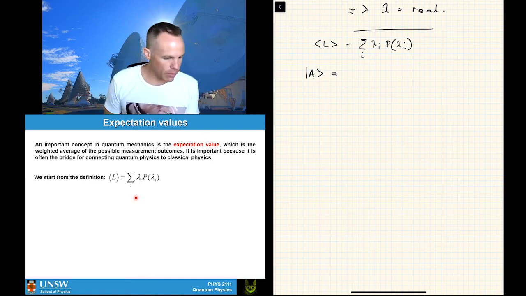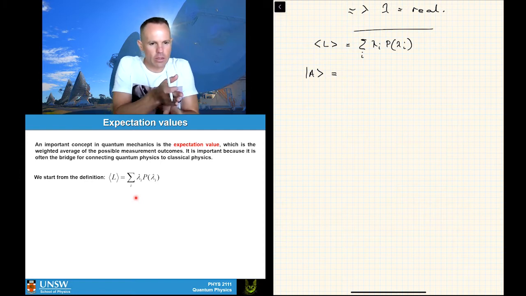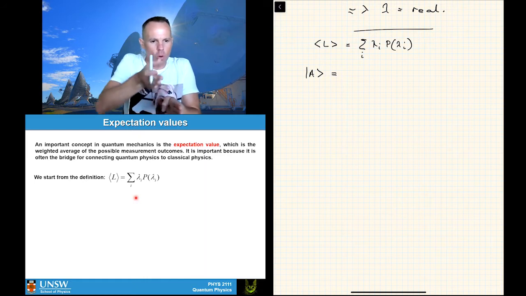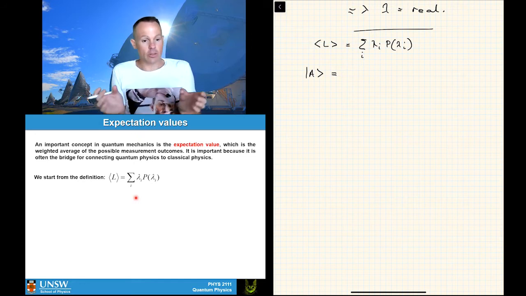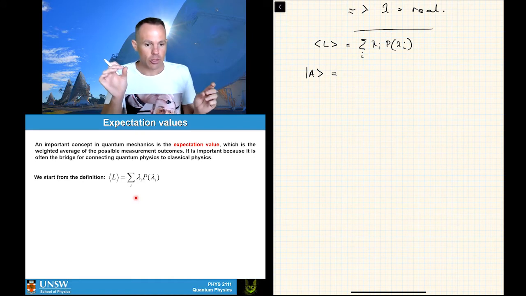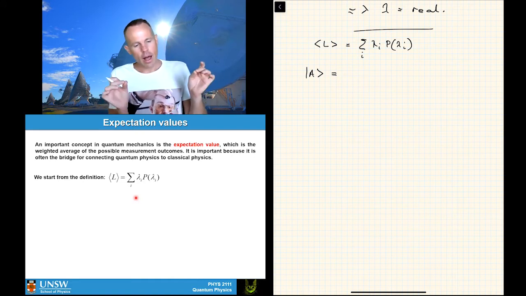So what we'll do is we'll generalize this, and we'll say that we're going to make our state the sum of a prefactor and all of the possible basis states. And all of the possible basis states are essentially the eigenvectors for the system, right? You'll remember I said that the eigenvalues are connected to the observables as the possible outcomes.